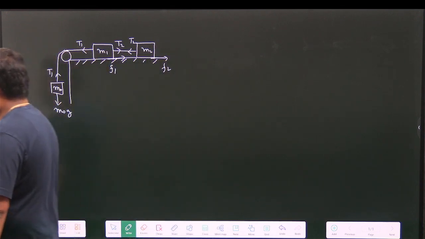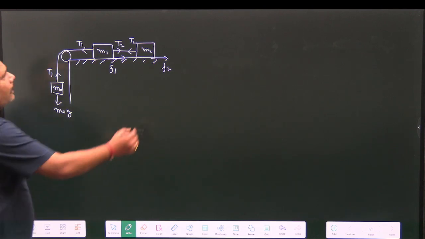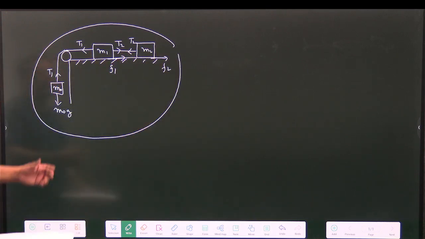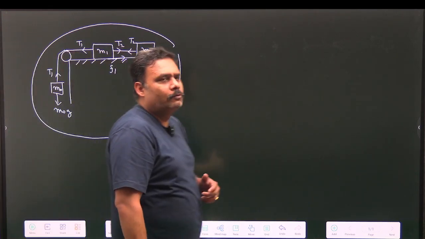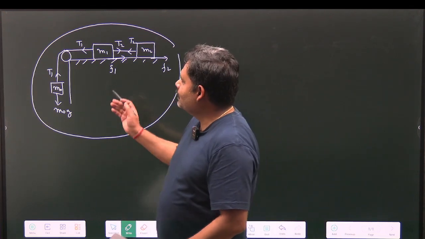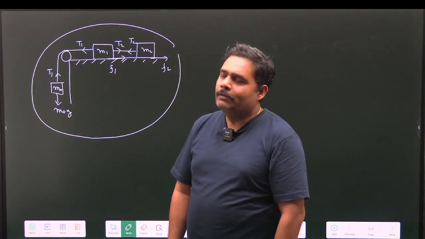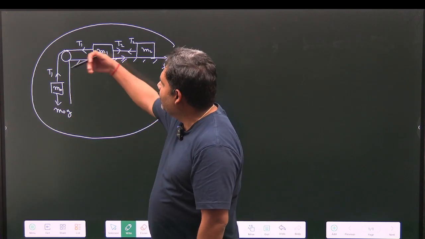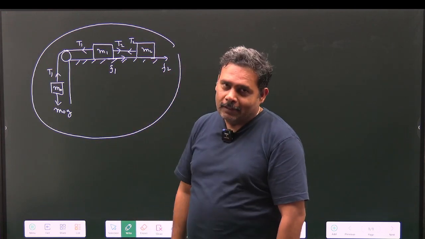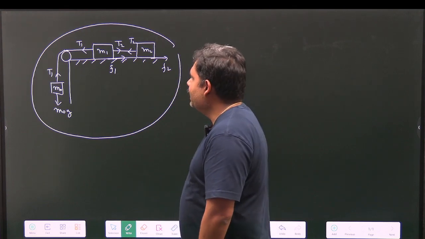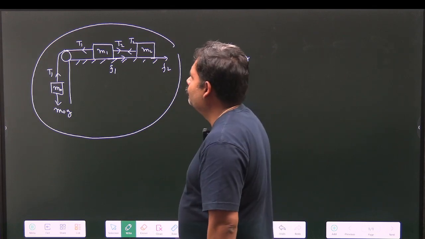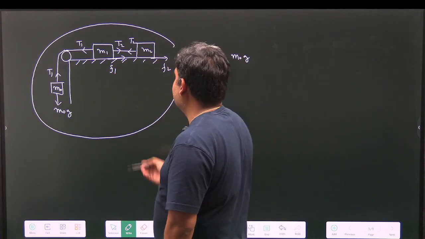Now look at this thing very carefully. When you see the complete system, what you will find is that the tensions T1 and T2 are going to act as internal forces. So once they act as internal forces, we can just neglect the effect of T1 and T2 for this combined system. So what will be the equation of motion for the combined system? We can just write, m0 g is there and here the frictional force is in this direction.